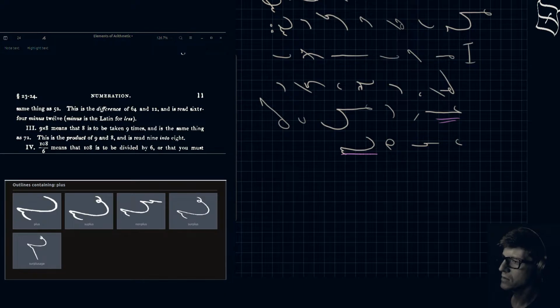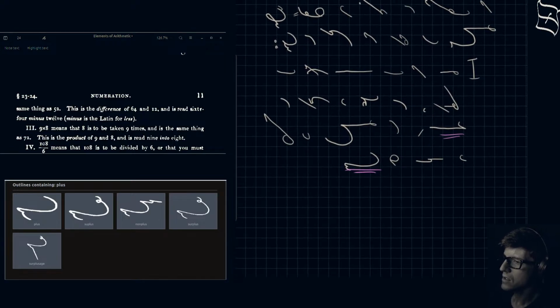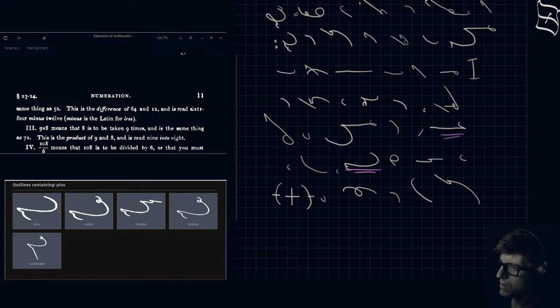And we're going to underline plus. All right? It is known as plus and is denoted by the character of, and then in parentheses the symbol of plus, the plus symbol, right?